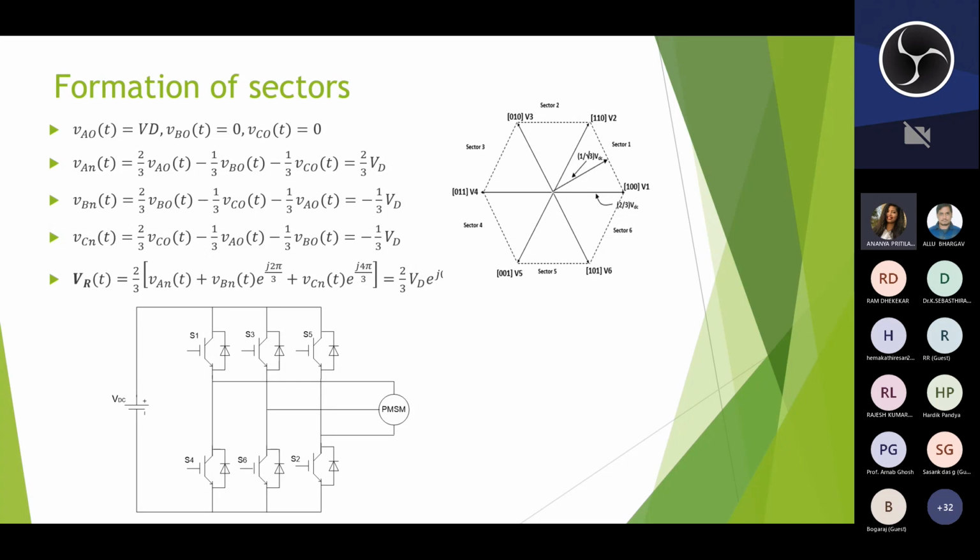The duty cycle time is also calculated for each of the three vectors, as here you can see it forms a triangle. So here I have considered the 2-level inverter.